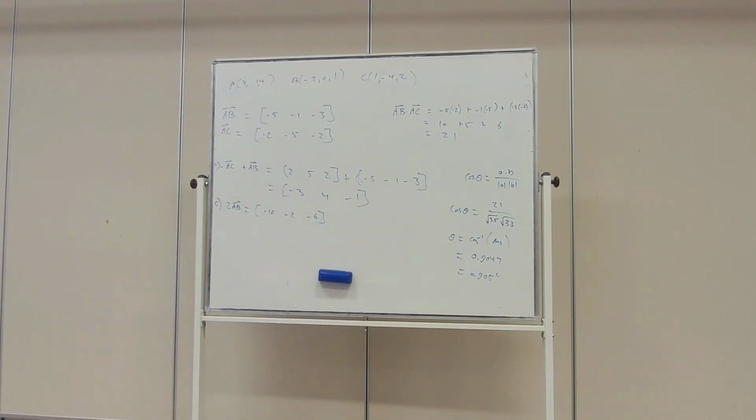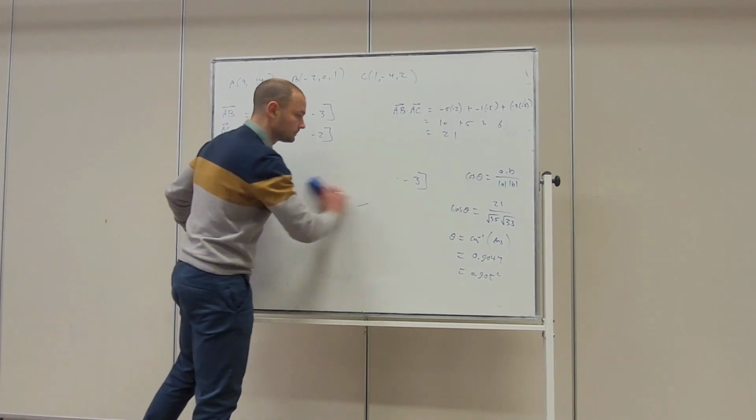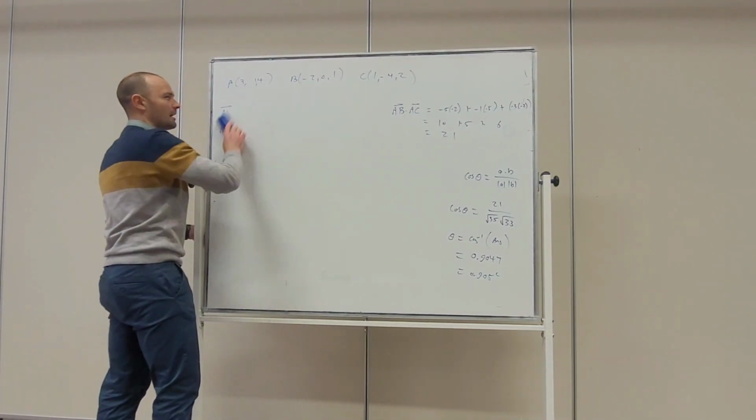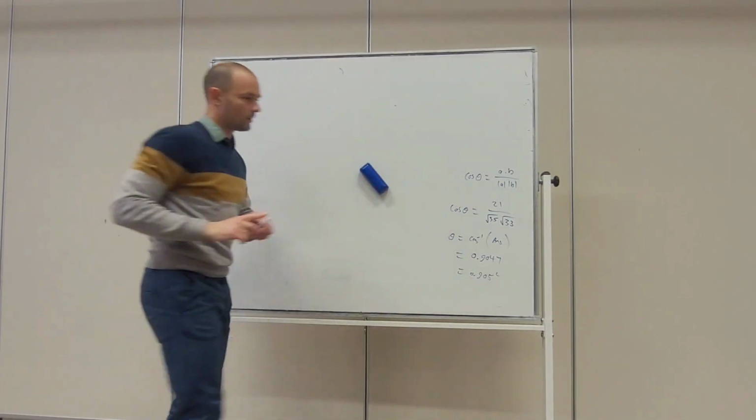Okay. So that's question 1. That's a recap of some fairly basic operations with vectors. Any questions about that one? I would expect us to be able to recall that. I reckon you could have done all that by yourself.